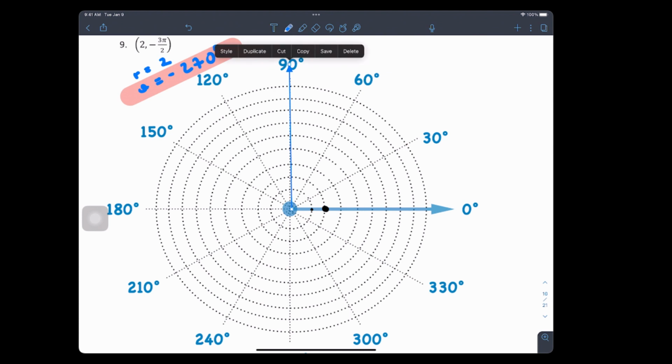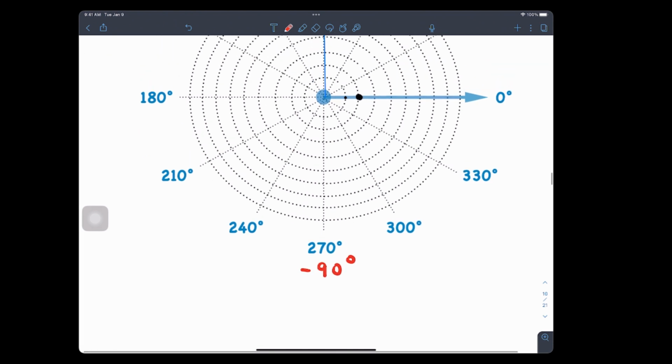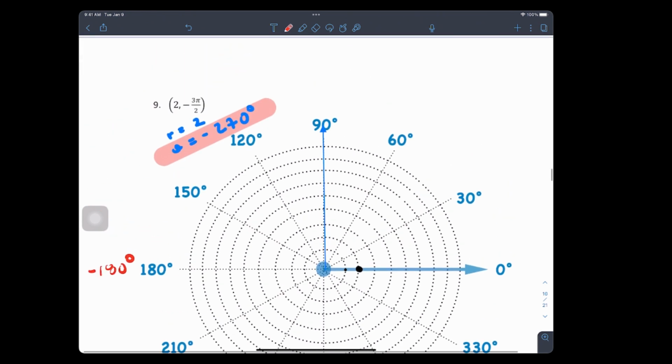Did you guys see that? Is that right? So just to put a remark down here, this is where negative 90 degrees would be. Is that true? And this is actually where negative 180 would be as well. So that makes this negative what? 270. So ladies and gentlemen, you found that.